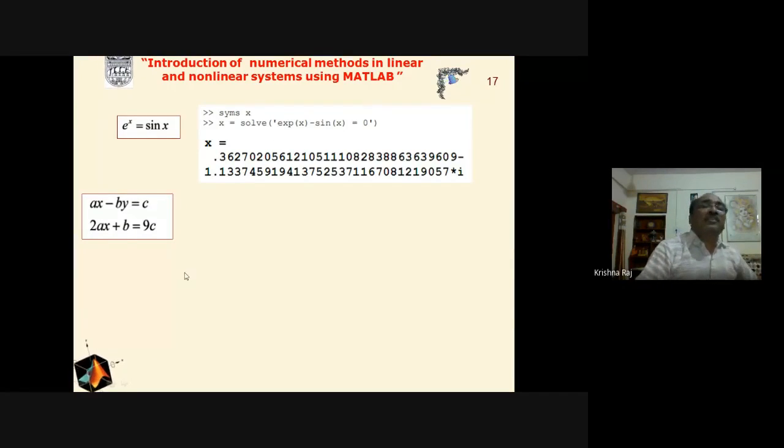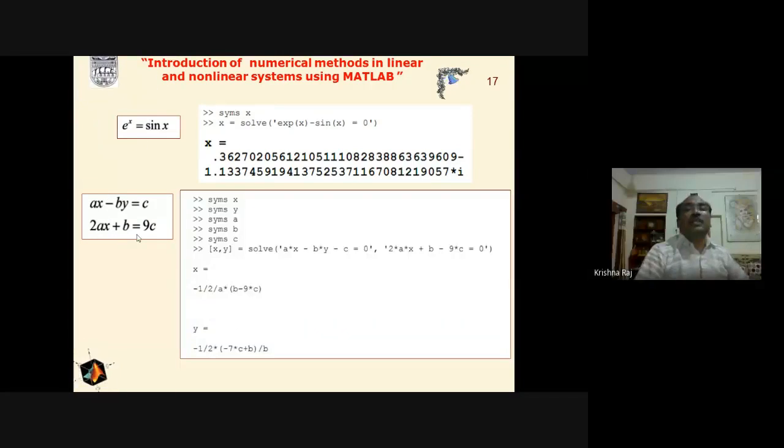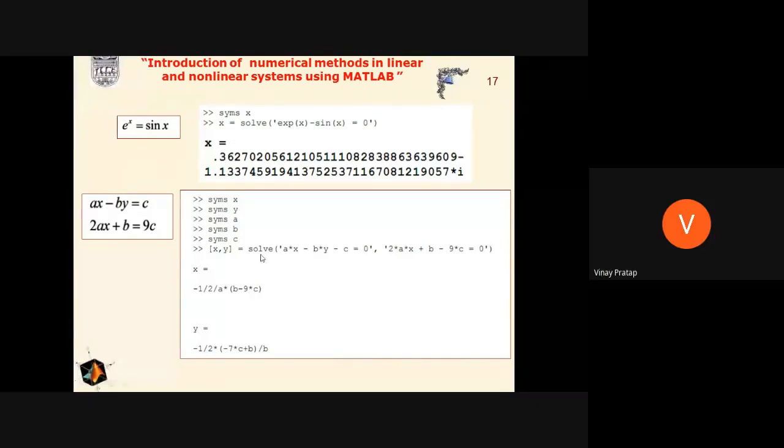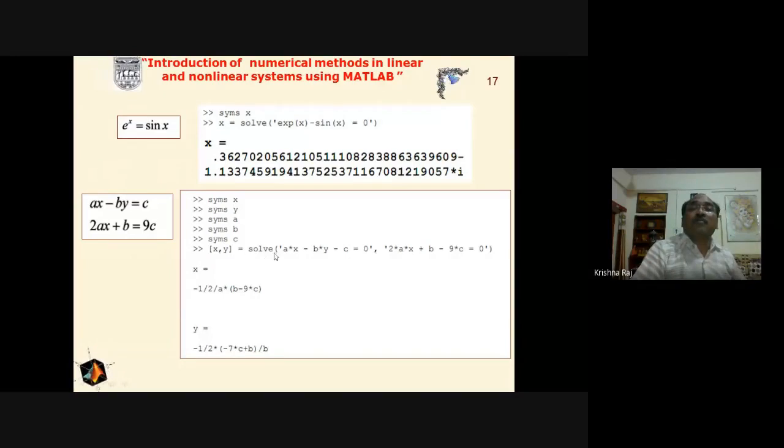Now if this is the equation, ax minus by is equal to c, 2ax plus b is equal to 9c, and we are interested in solving it, then again define what the variables and coefficients are, then write the number of the variables and put here the solve command. We will get here the result for the x as well as for the y.